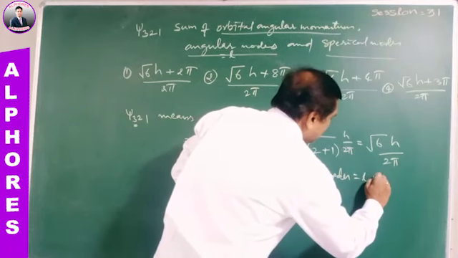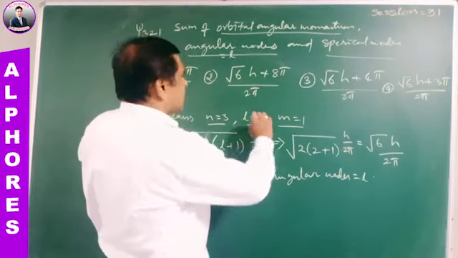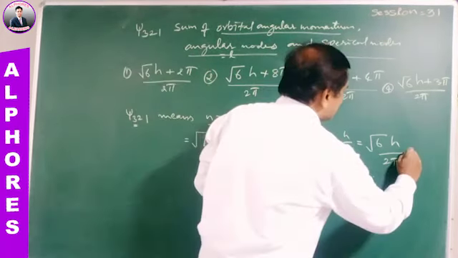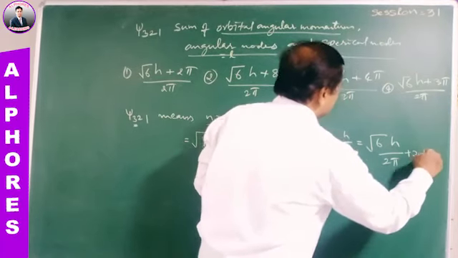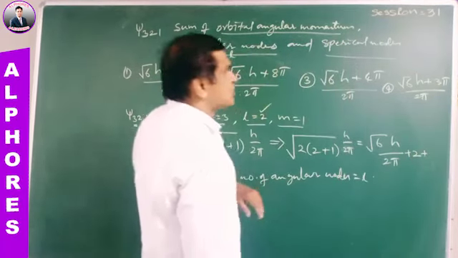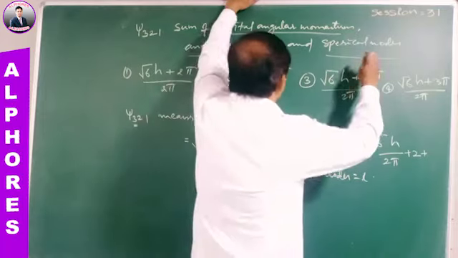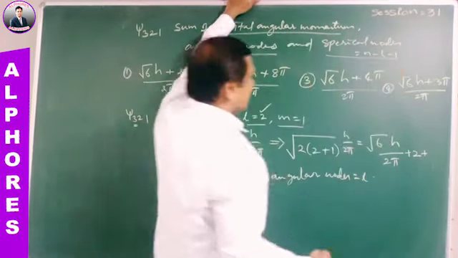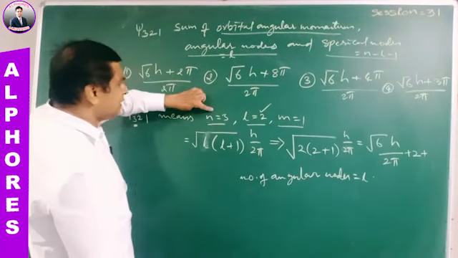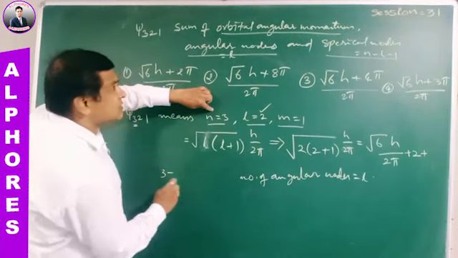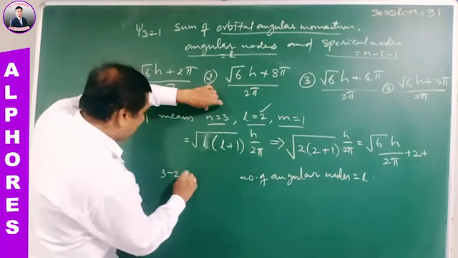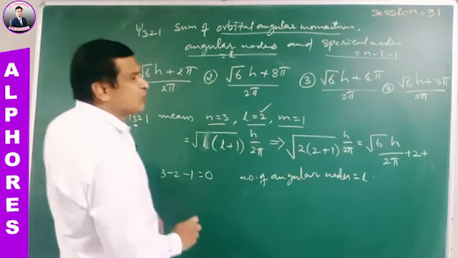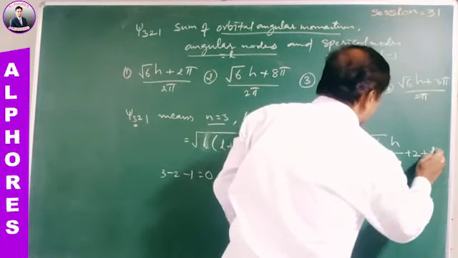What is the L value for this? 2. Yes, it is 2. Plus the number of spherical nodes. Number of spherical nodes is equal to n minus L minus 1. N value is 3, 3 minus L value 2 minus 1, that is equal to 0. So it is equal to 0.